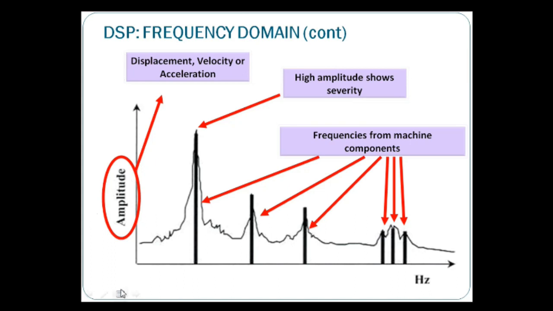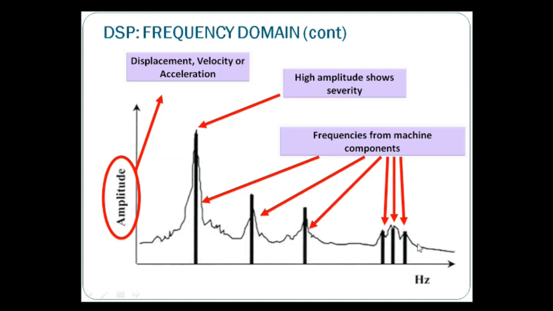So if you are in the frequency domain, as you can see here, the information is what we call spectrums, vibration spectrums. The y-axis is your amplitude, the x-axis is your frequency. However complex the time domain signal is, when it is transformed to frequency, it will be represented by its frequency components.